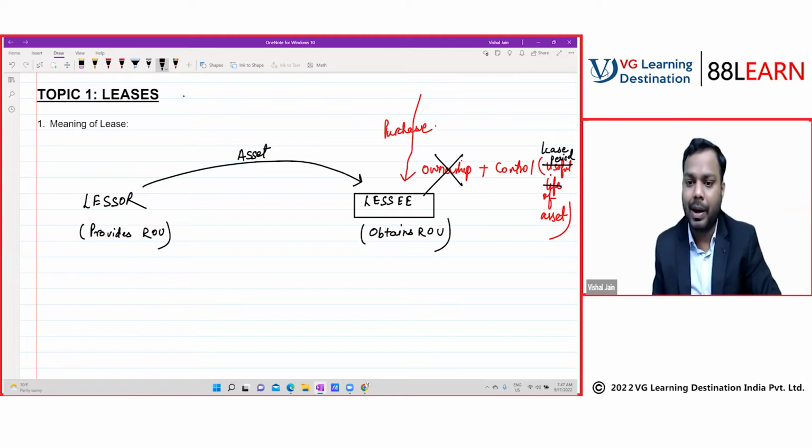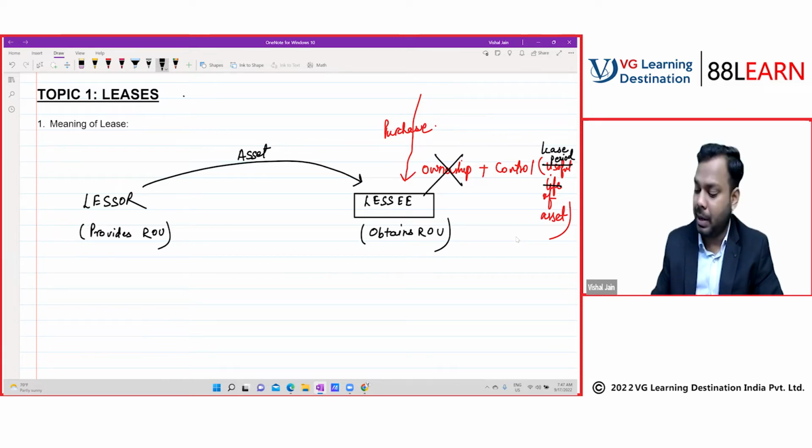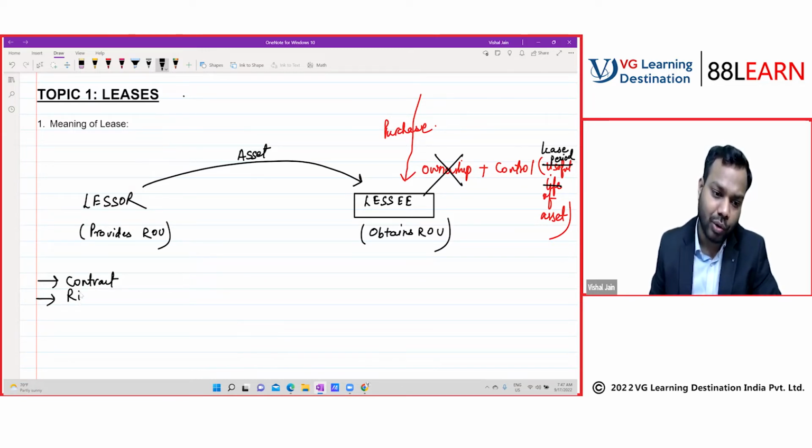Now, with this example, I think you will be in a better position to define what is a lease. We can define that lease is a contract which gives right of use.